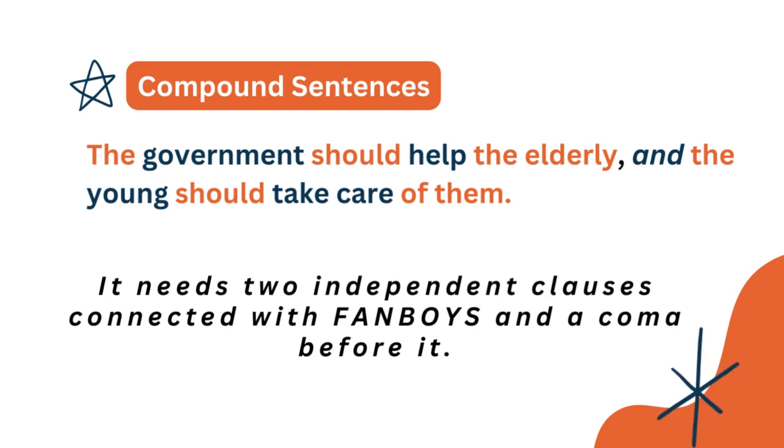And is a coordinating conjunction in here. Before and, there needs to be a comma, which is an important rule in making compound sentences. So the whole sentence will look like this. The government should help the elderly, and the young should take care of them.